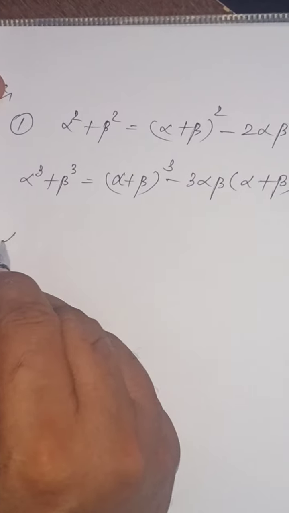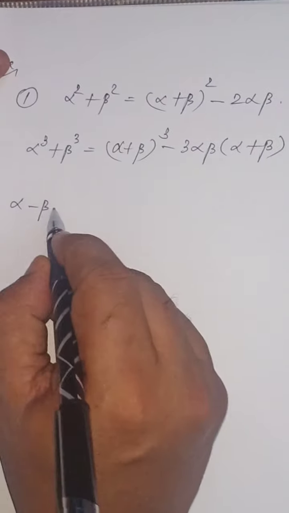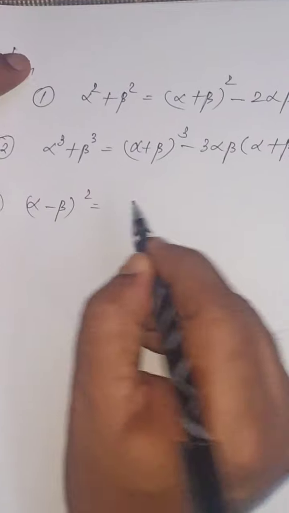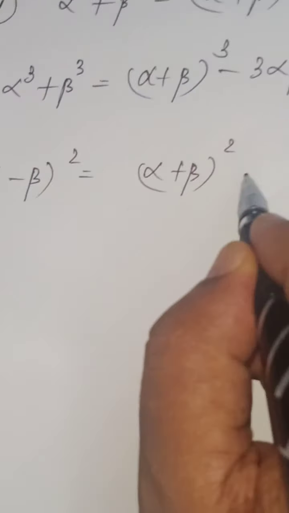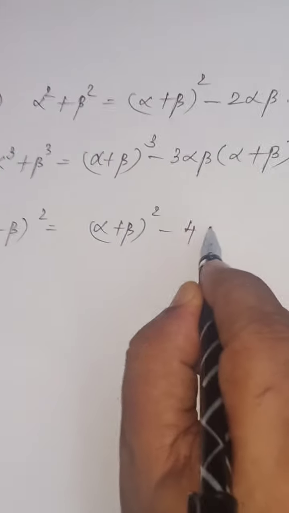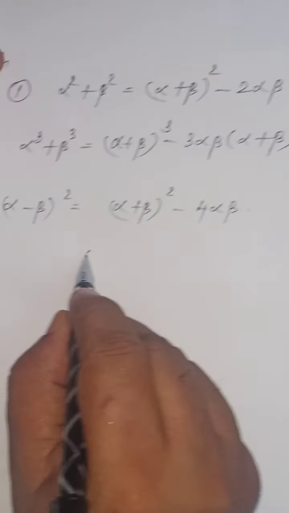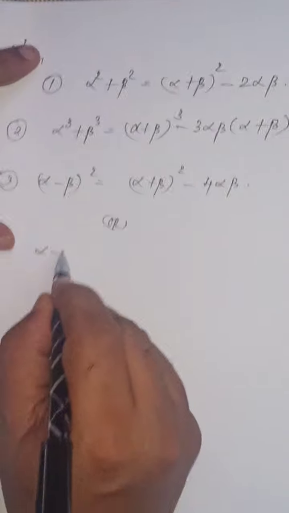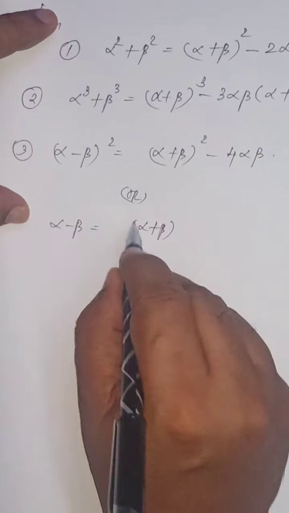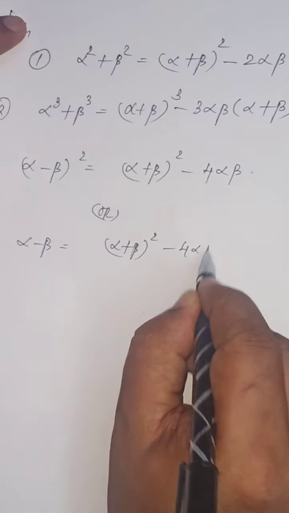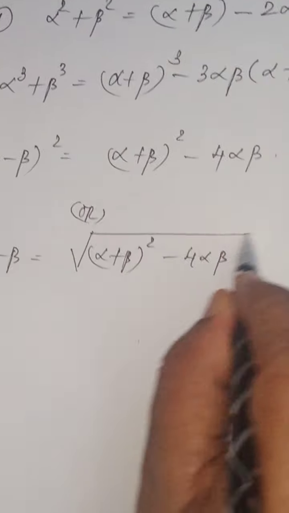Third one, alpha minus beta the whole square is equal to alpha plus beta the whole square minus 4 alpha beta, or alpha minus beta equals square root of alpha plus beta the whole square minus 4 alpha beta. You have to put square root.